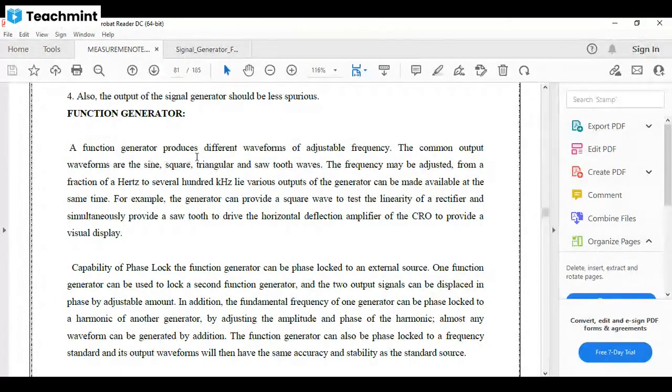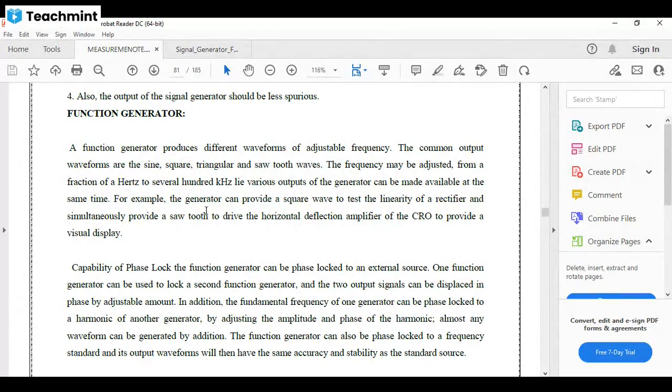The function generator produces a different waveform of adjustable frequency, and the common output waveforms are sine wave, square wave, triangle, and sawtooth wave. The frequency may be adjusted from a range of hertz to several hundred kilohertz. The outputs of the generator can be made available at the same time.